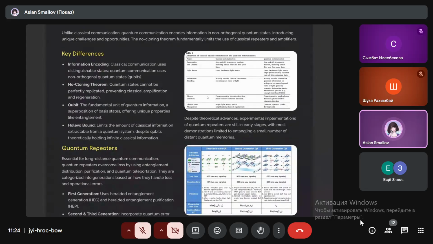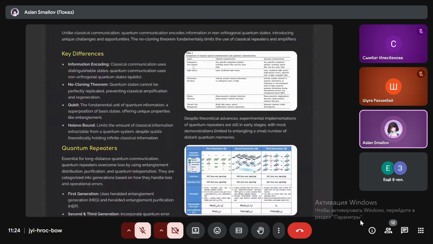For classical communication, the communication channel is any optical transparent medium, including optical fiber and free space links. And for quantum communication, any optical transport medium, including optical fiber and free space links. Basically, both of them are equal.